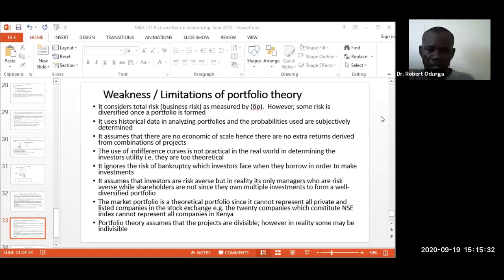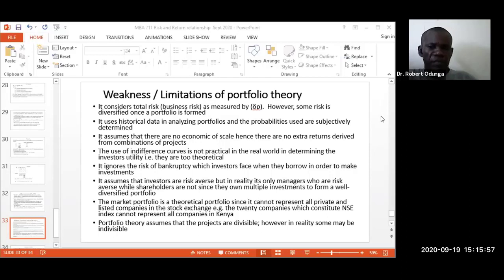So it's actually based on the history that we have about the securities, and probably looking at the market, the environment, because these variables keep on changing and fluctuating with time, so they may end up affecting the performance of a certain security in the market.